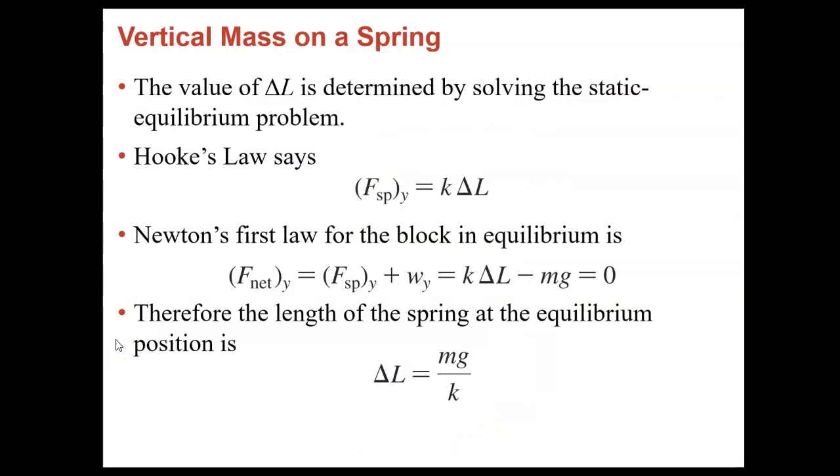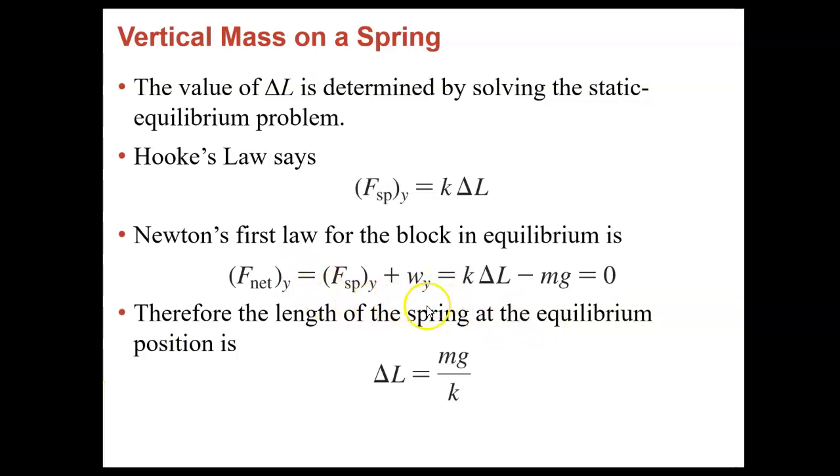Okay, so again from Hooke's law we get the spring force is equal to the spring constant times the length of the spring. Newton's first law for the block: the net force will keep something moving at a constant speed. So the spring force plus the weight is equal to the spring constant times length minus the mass times gravity.